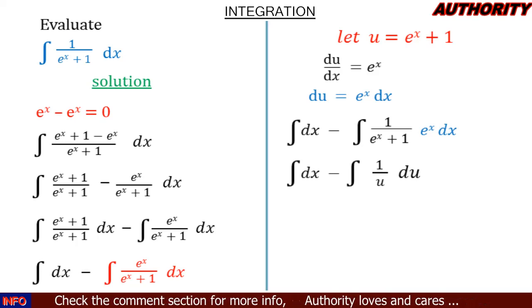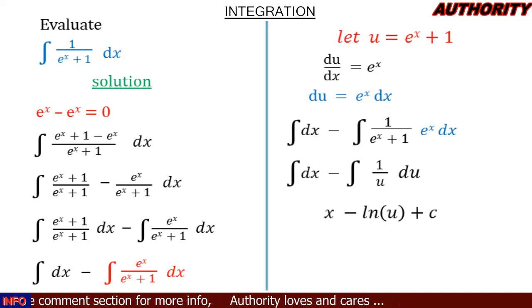So here we have the integral of 1 all over u du. Good. Now let's integrate properly. The integral of dx is going to give us x, and then minus the integral of 1 all over u is going to give us ln u.